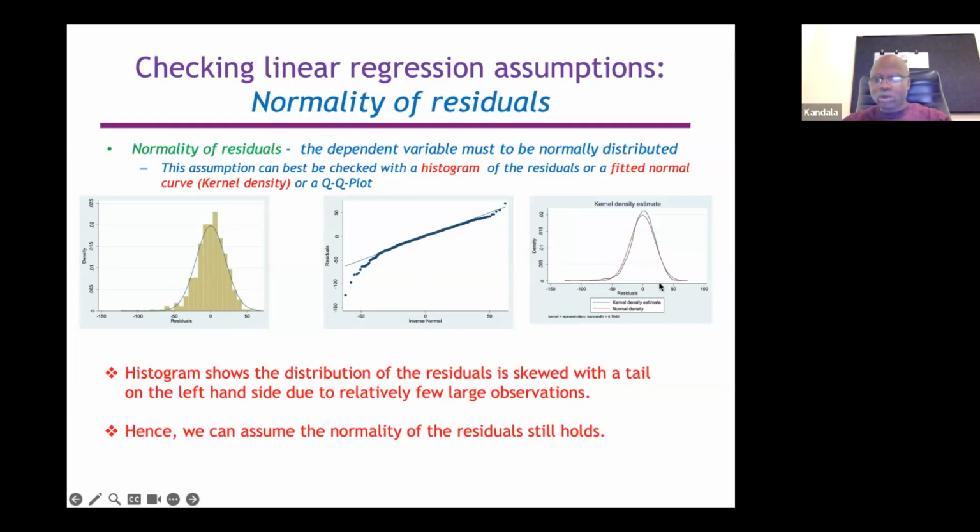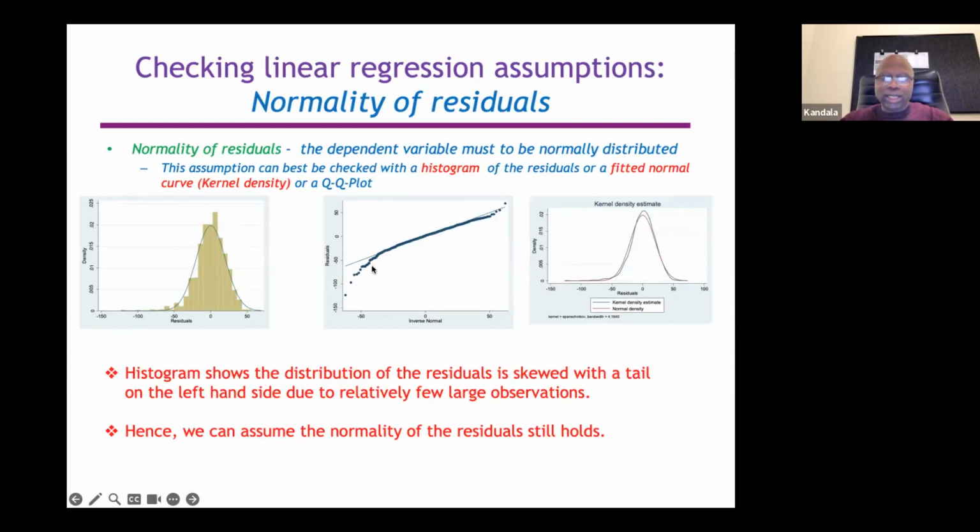So you can overlay this with the normal plot to see whether normality of residuals is fulfilled. The assumption of normality of residuals is fulfilled. Although here you can see at the very beginning, these are points that depart from the straight line.